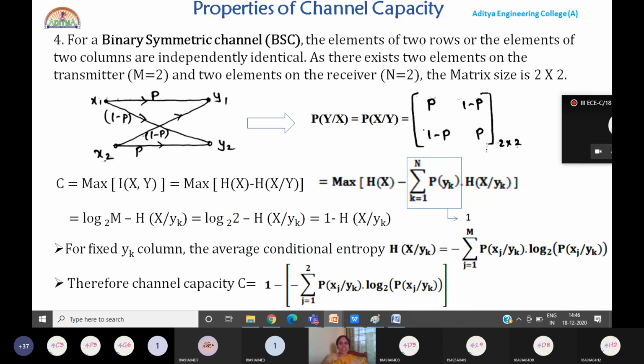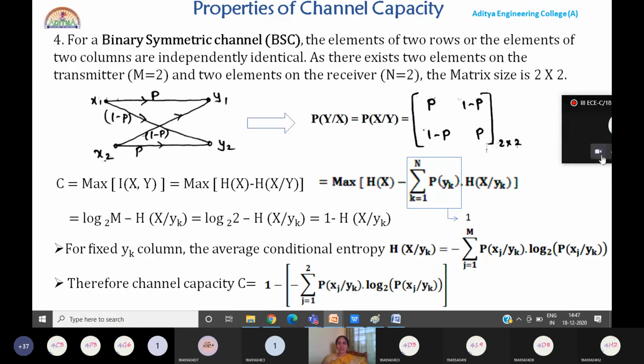So always this binary symmetric channel matrix size is 2 by 2. It has two elements on the transmitter, x1, x2, and two elements on the receiver, y1, y2.